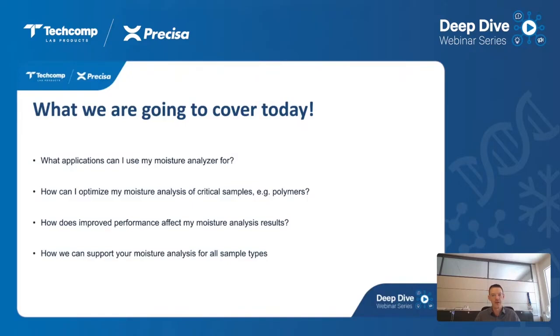Then we will have a case study on how I can optimize my moisture analysis of critical samples, for example polymers, which are difficult to measure. Then, how the improved performance of our moisture analyzer can affect your moisture analysis results, and finally, how we can support your moisture analysis for all other sample types.